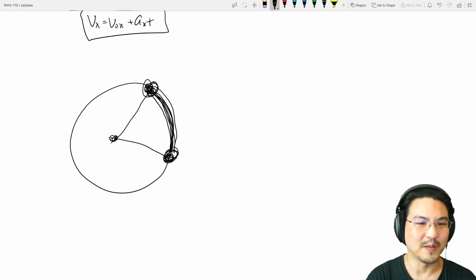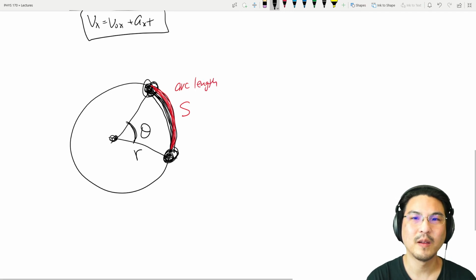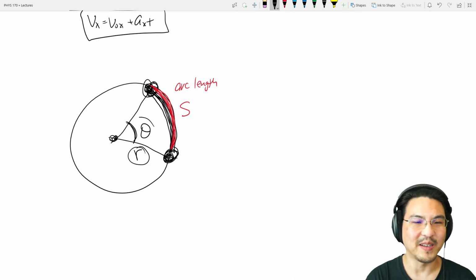Right, so if we have some radius r, and this is some angle theta, let's call this path length over here s. So it's along this curve, some arc length s. How does it relate to the radius and the angle? Like this.